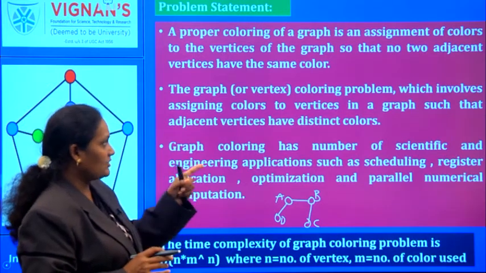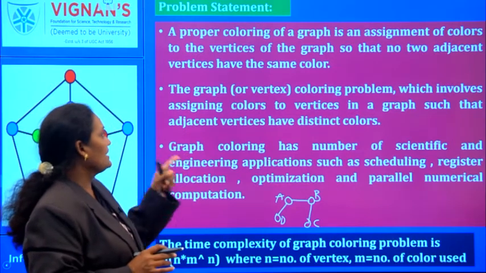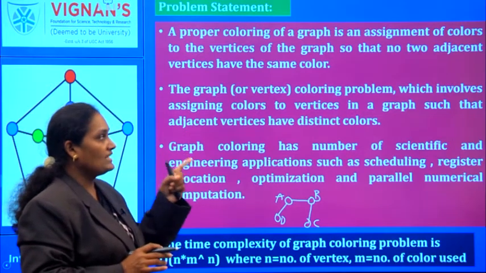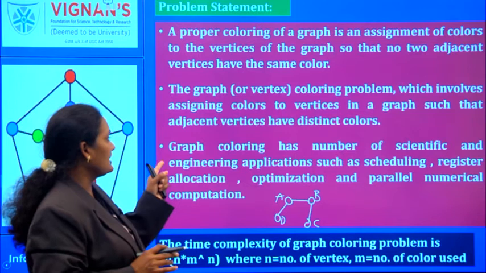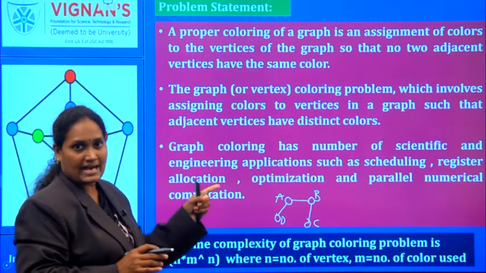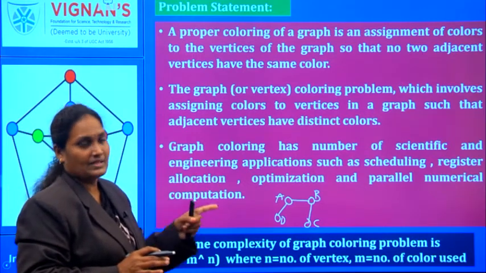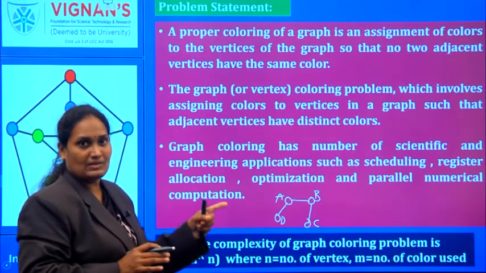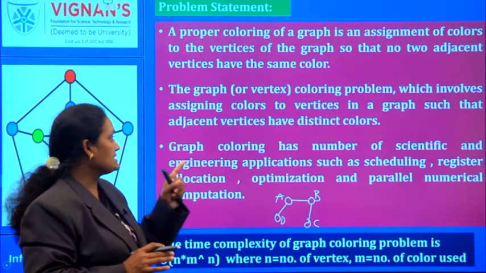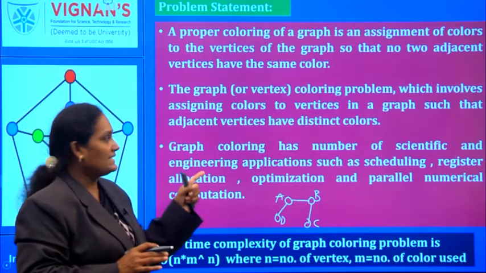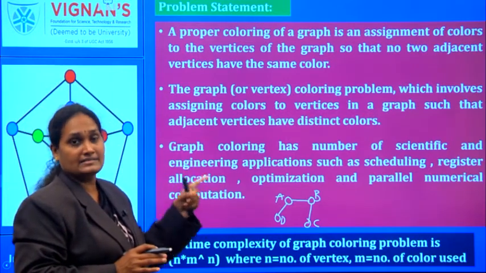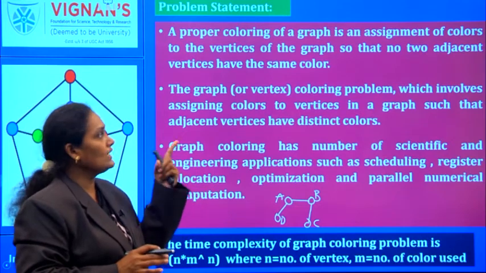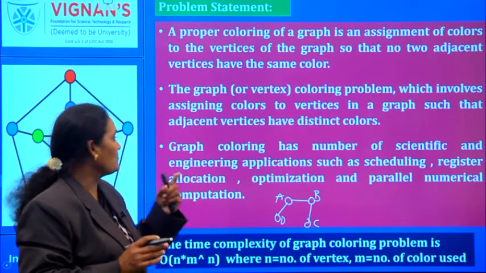The graph coloring problem is assigning colors to the vertices of a graph in such a way that two adjacent vertices have distinct colors. That is, no two adjacent vertices have the same color.